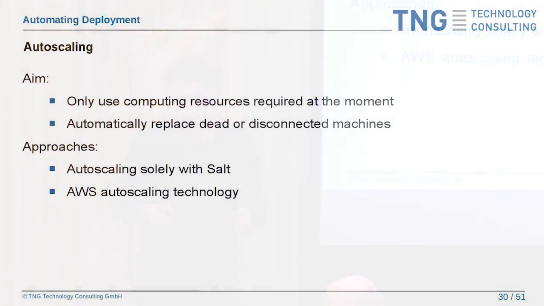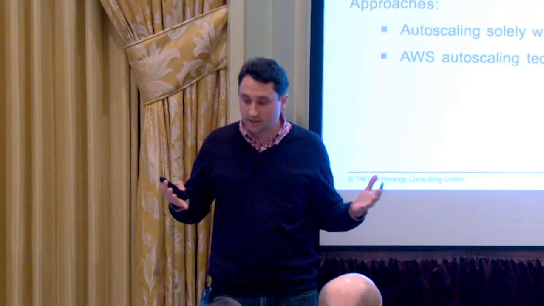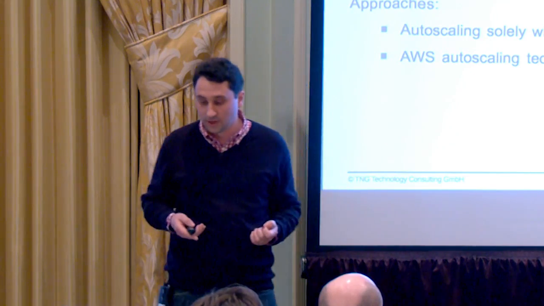Okay. So far we have a static set of application instances, and the nice thing is that you can get as many machines as you want, as long as you pay for them. That's the aim of autoscaling. And with that, you can adapt dynamically to load.